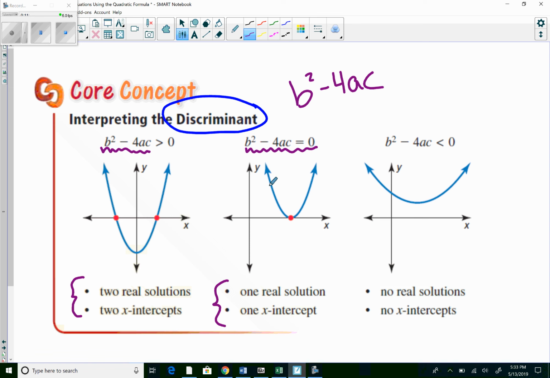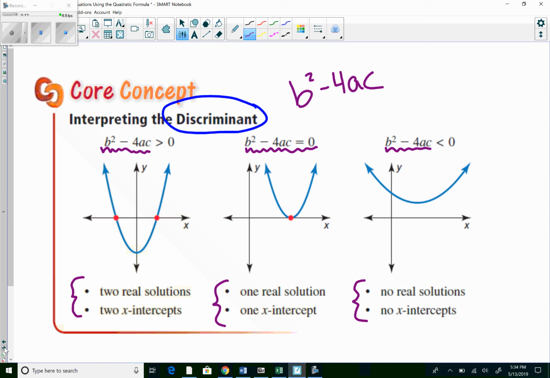So basically this graph is just going to come down here, hit your x-axis, and then go straight back up. And lastly, if your discriminant when you calculate it is less than 0, then you have no real solutions or no x-intercepts.